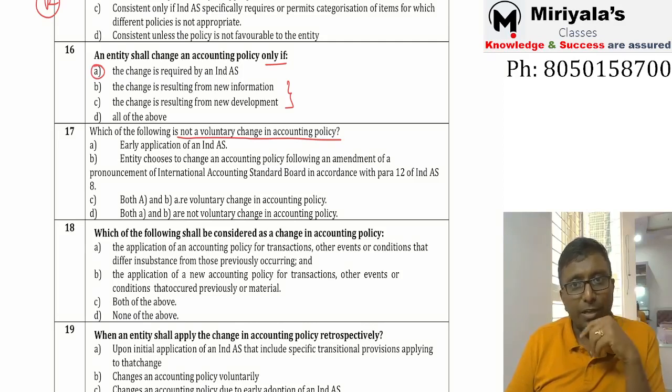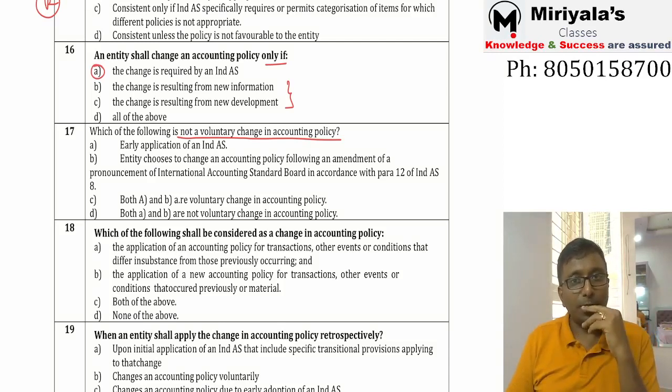Voluntary change means for better presentation. Options: early application of Ind AS; an entity chooses to change an accounting policy following an amendment of the pronouncement of IASB in accordance with paragraph 12 of Ind AS. Both A and B are voluntary changes in accounting policy. Both A and B are not voluntary changes in accounting policy.